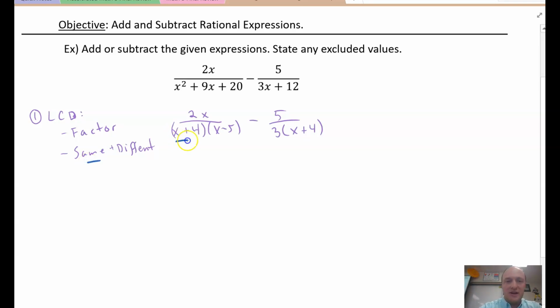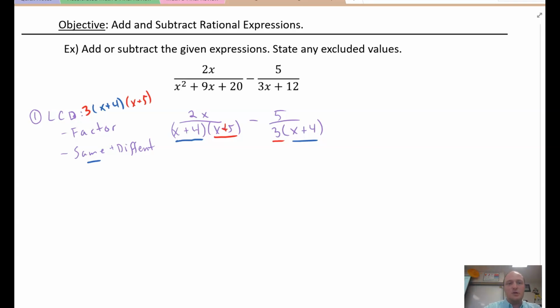Well, they both have an x plus 4, so my LCD has x plus 4. And what's different? Well, there's x minus 5. Minus 5? That's supposed to be a plus. Make sure that's a plus 5. And then there's also a 3 here, so multiply by a 3 out front. So boom, there's your LCD: 3 times x plus 4 times x plus 5.